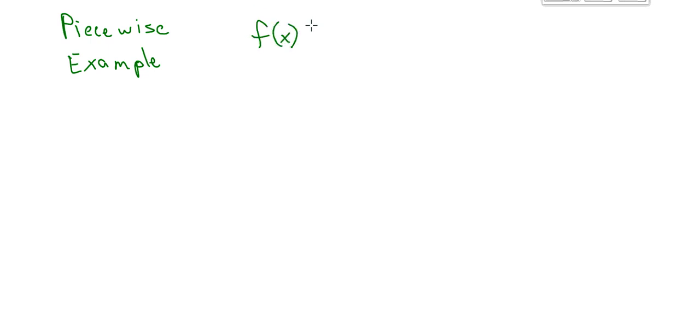It's going to be f of x equals, and it's going to have two pieces: negative 1/2 x minus 6 for x that is less than or equal to negative 4, and x plus 5 when x is greater than negative 4.